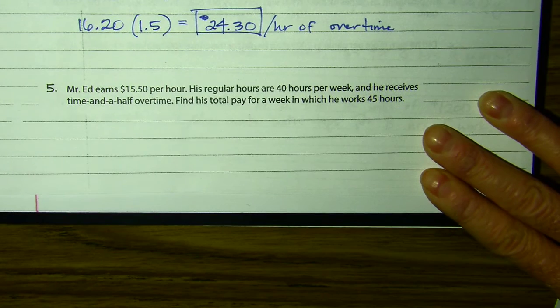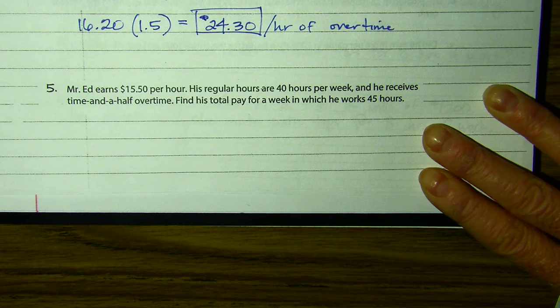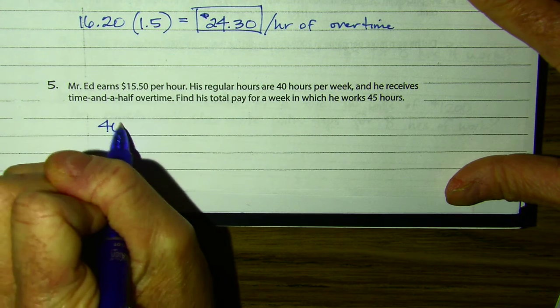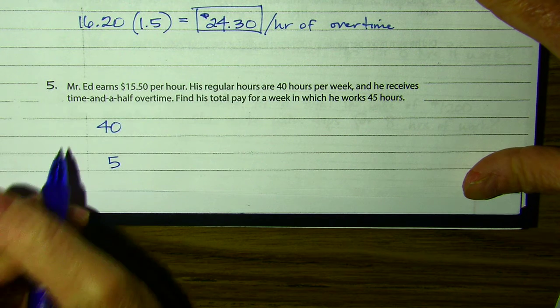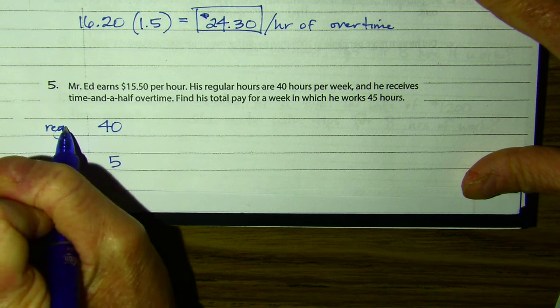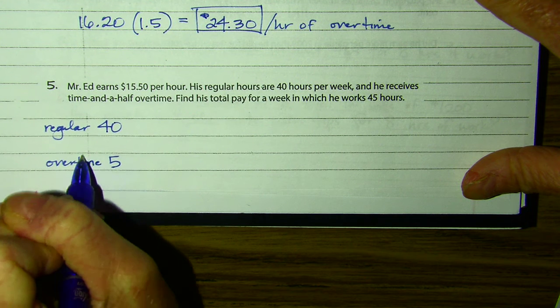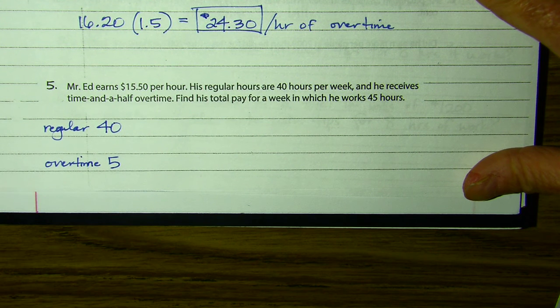Mr. Ed earns $15.50 an hour. His regular hours are 40 hours per week, and he receives time and a half. Find his total pay for a week in which he works 45 hours. So let's break down that 45. It would be 40 regular, and 5 would be overtime, because 40 plus 5 is 45.